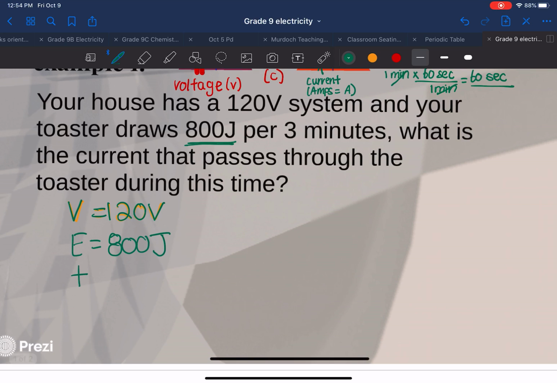So 3 minutes, we're also given time. But before moving on, we must make sure that we convert this 3 minutes into seconds by multiplying by 60 seconds. We'll get a total of 180 seconds.